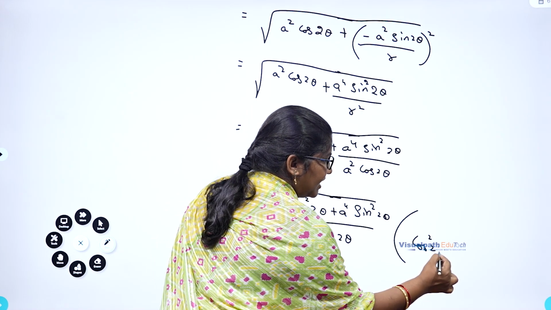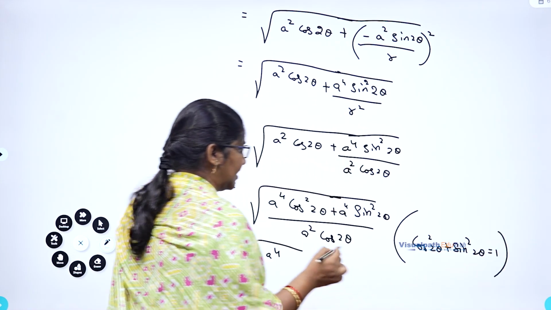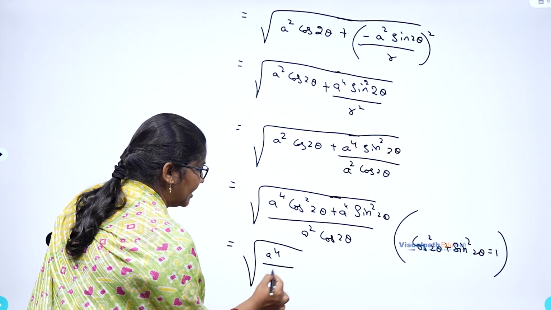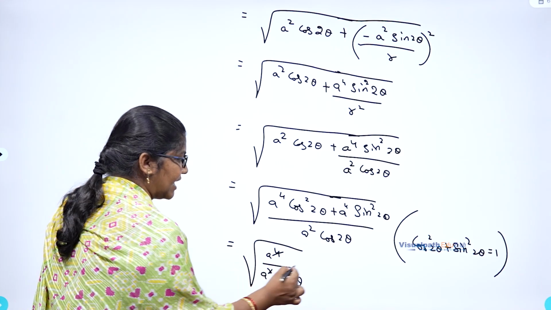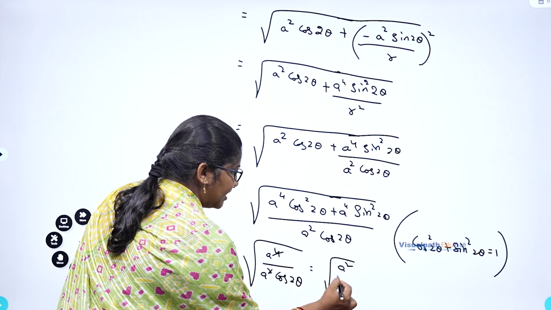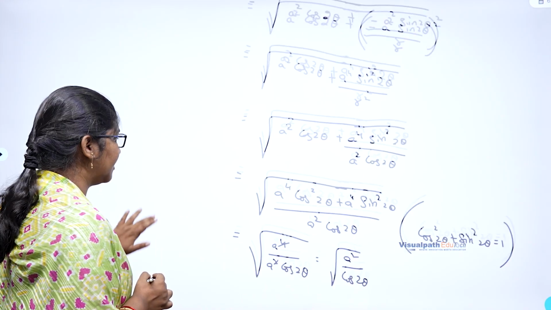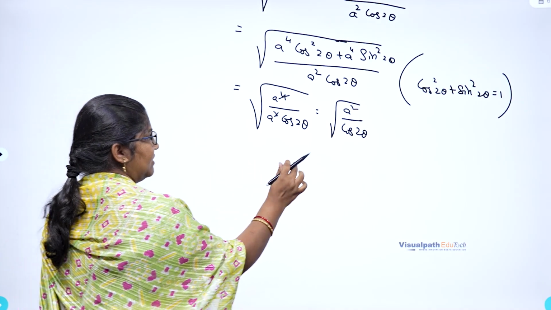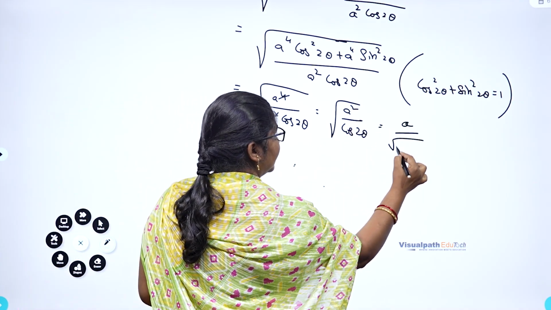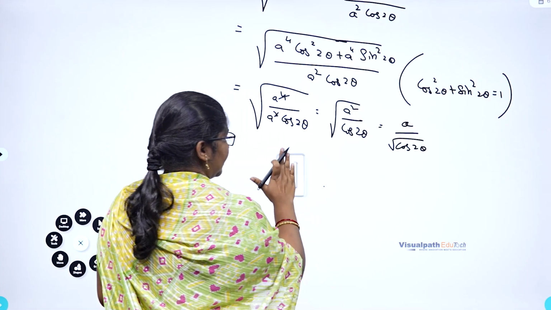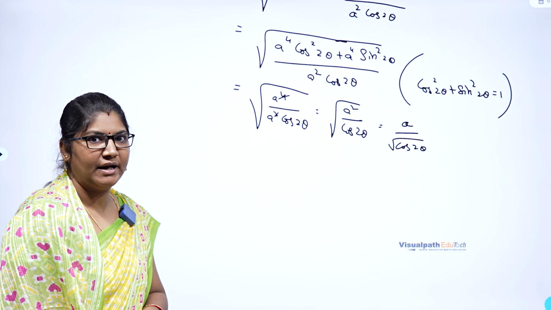So a power 4 by a square cos 2 theta, this will be cancelled, giving a square by cos 2 theta, whose square root is a by root cos 2 theta. This is ds by d theta.